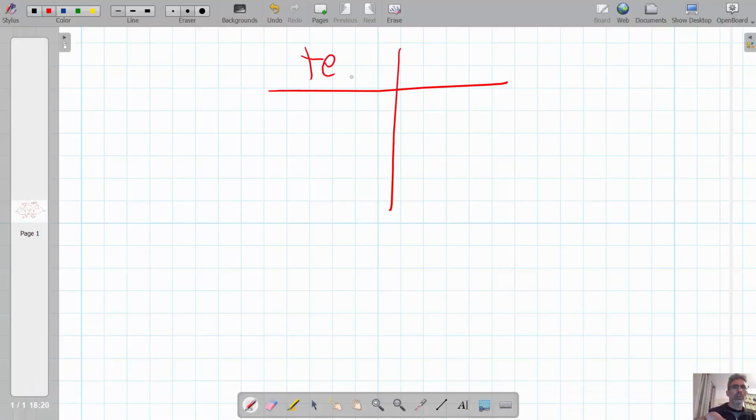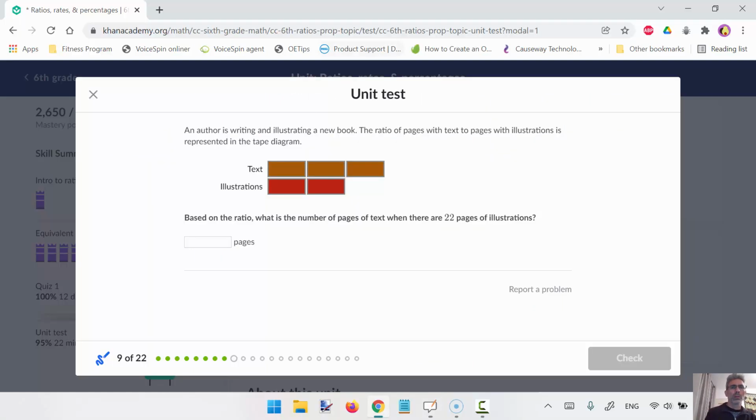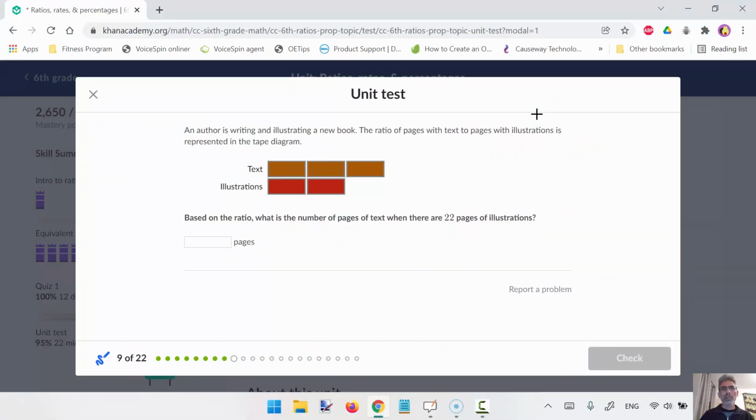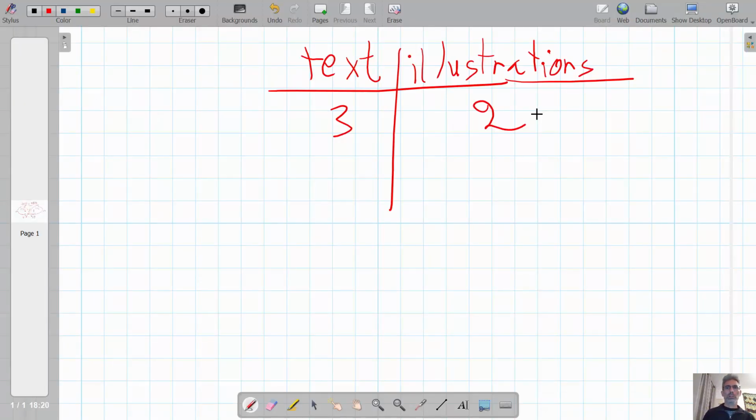Text 3 pages, illustrations 3 to 2. Okay. Based on the ratio, what is the number of pages of text when there are 22 pages of illustrations?